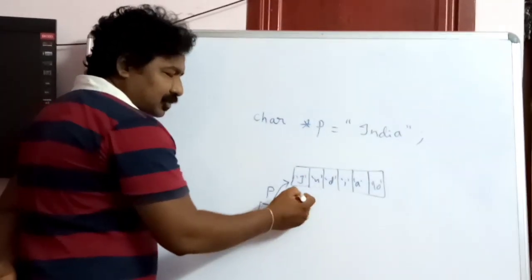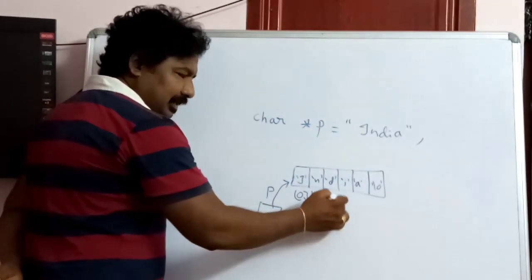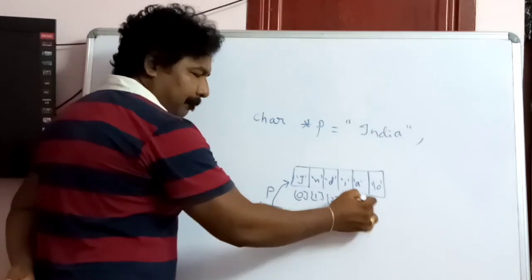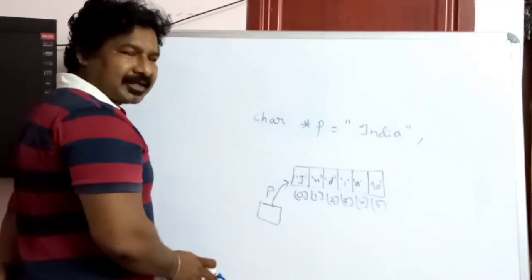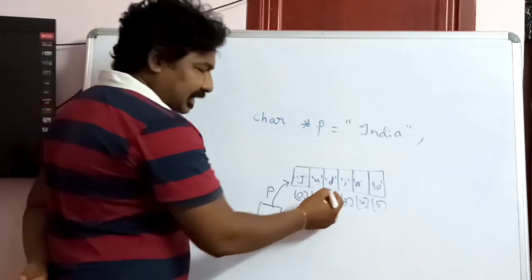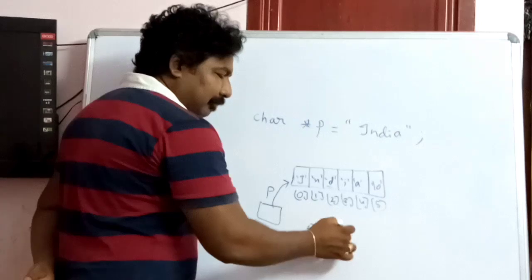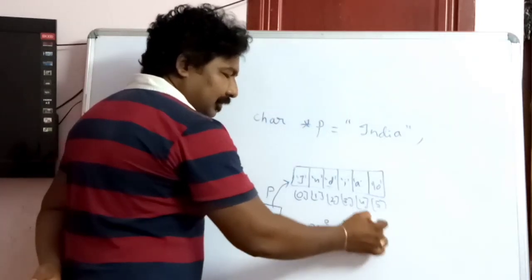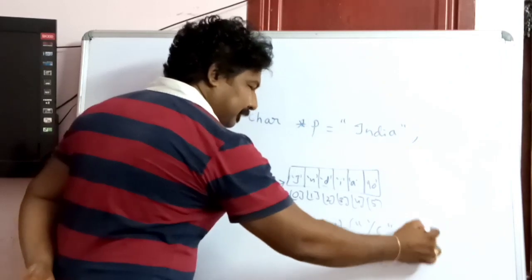You can access individual characters of this string by using their indexes like this, or you can access the entire string. So how can I print this letter D? I can print that letter D by using the statement printf with the character %c and p of its index value.